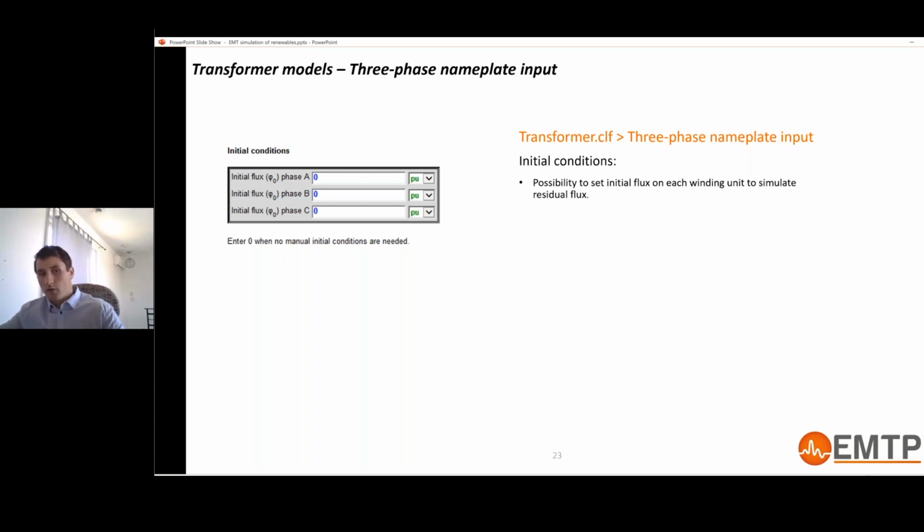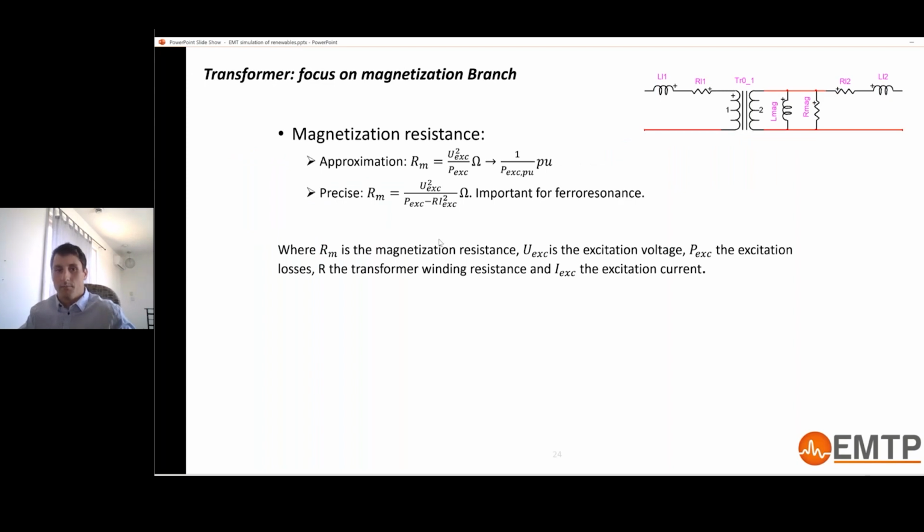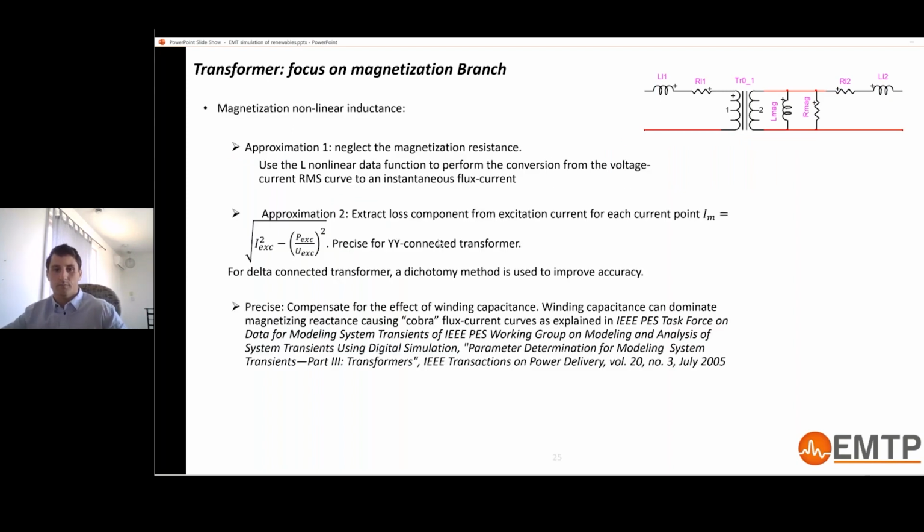So the other way, which most people use, is a conservative approach. You set residual fluxes here as an input, energize the transformer, and do a switching study. And then you find the voltage sag and the inrush current and so on. So this is what is done by most people.